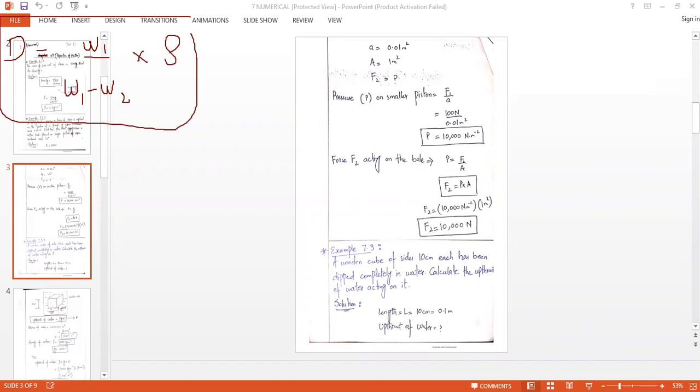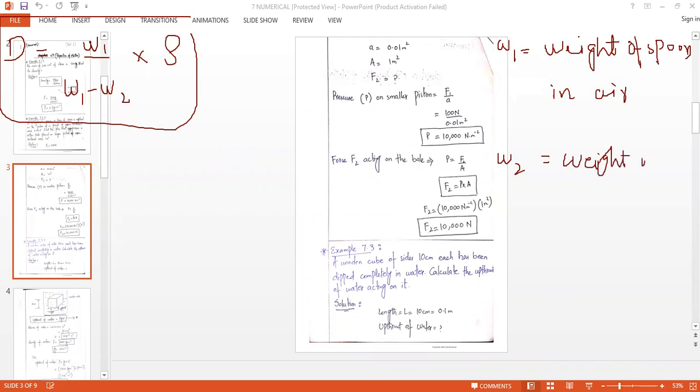Okay, so W1 equals the weight of spoon in air, and W2 is the weight of spoon in water.